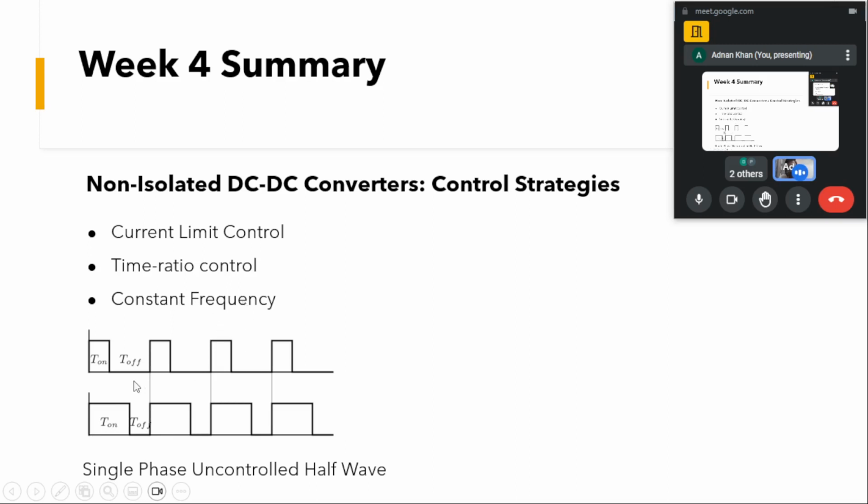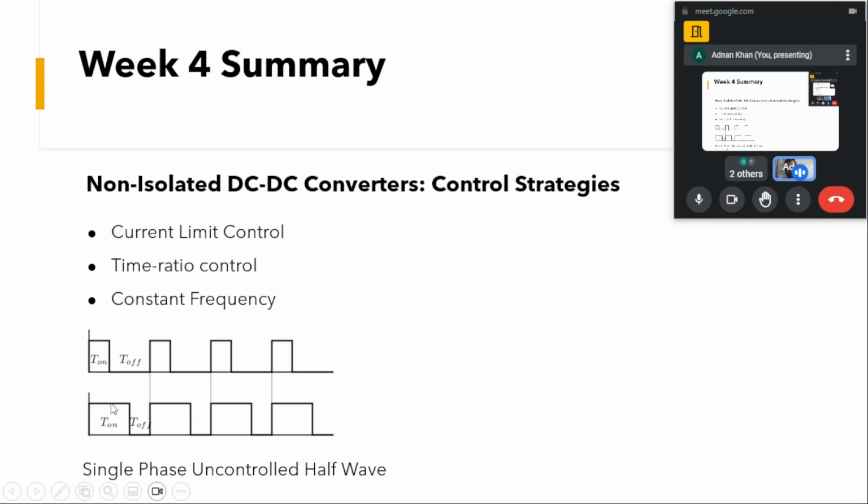In constant frequency control, if we want to achieve different voltage levels at the output, we change the T on time, and our duty will be equal to T on divided by T on plus T off, the overall time period, with T on being the time for which we turn on the device. If we want a higher voltage at the output, we will turn on the device for a longer duration of time.